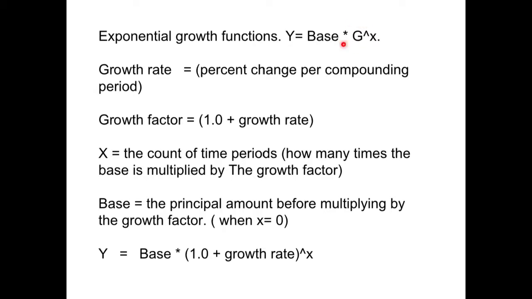g, again, is the number which you are multiplying by constantly. It is related to the percent of change that happens in every increase of x, in every compounding period of x. Every additional time period, it changes by this percent. However, if you recall in percent change equations, you did not multiply by the percent change.